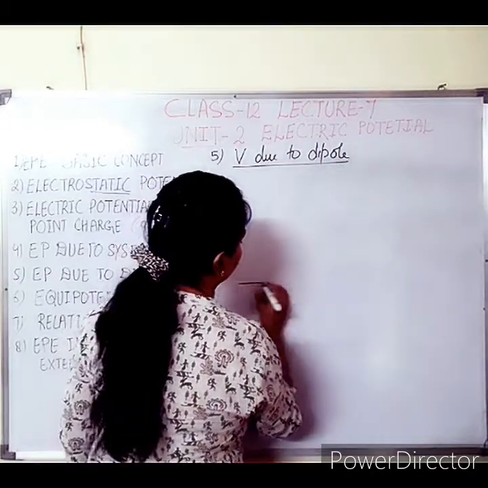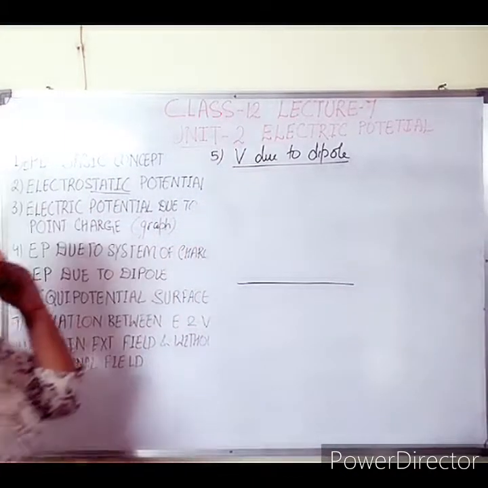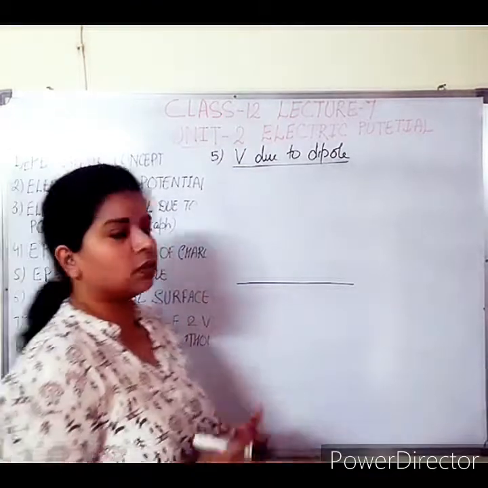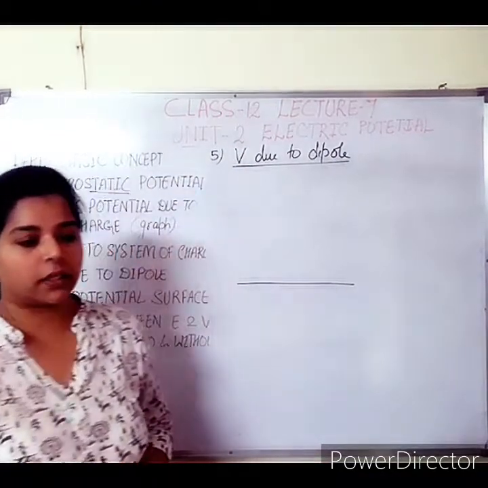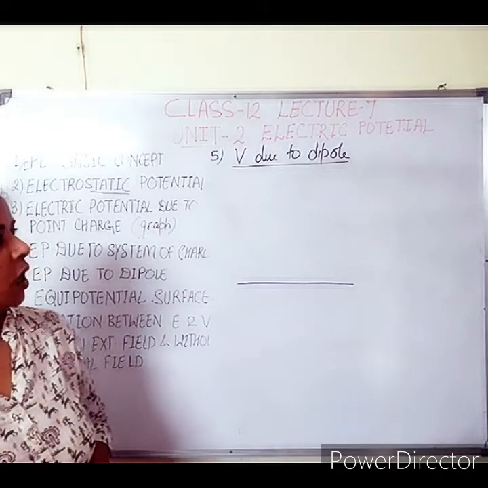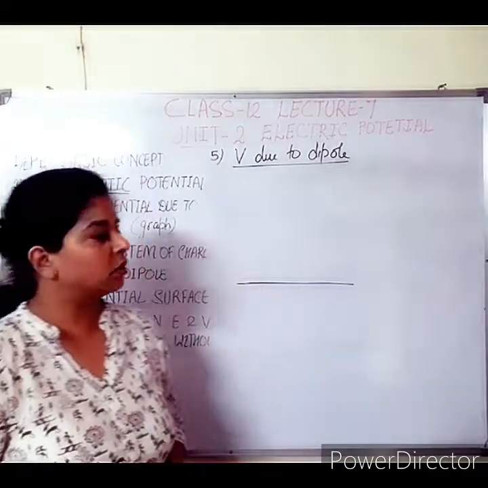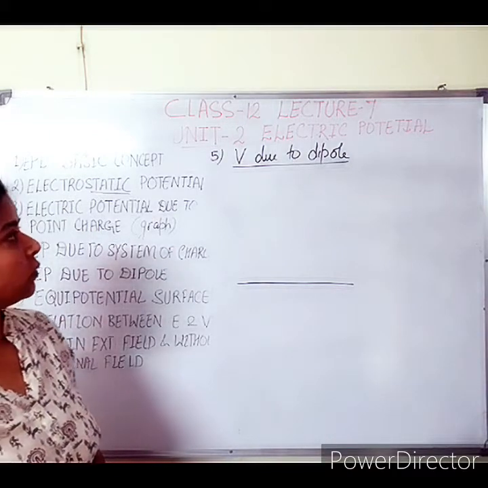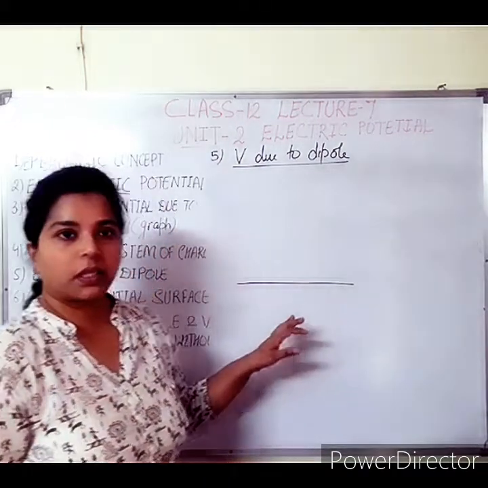As you know, in the case of a dipole we have solved the electric field due to a dipole. There were two cases: electric field in the axial position of the dipole, and electric field at any point at the equatorial position of the dipole. So here we are considering the variable case.